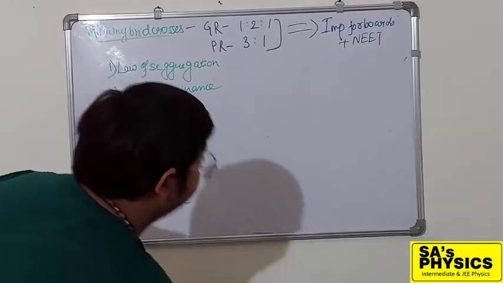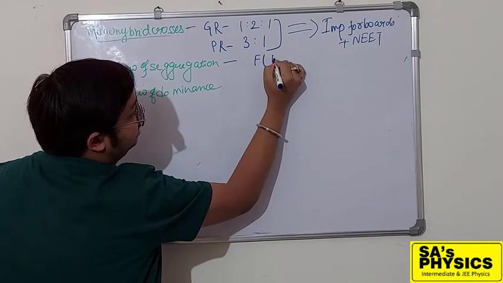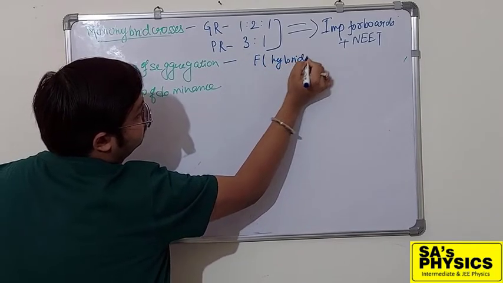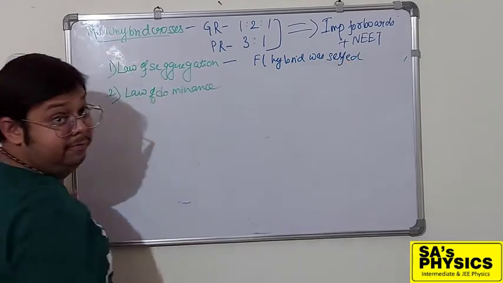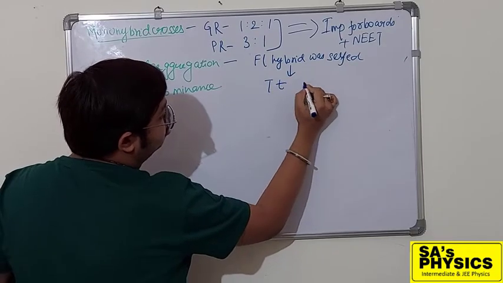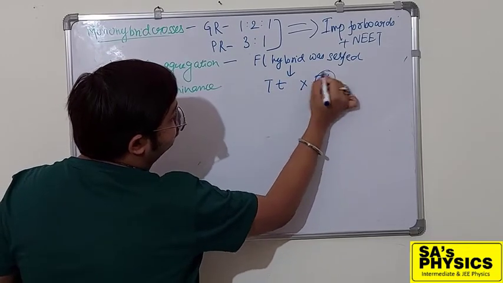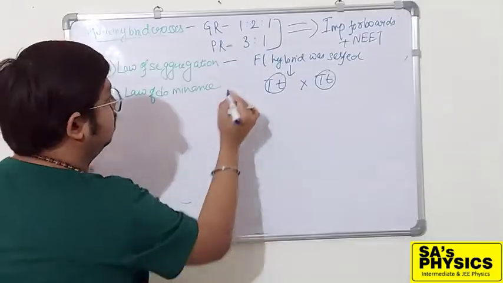So, law of segregation happened when the F1 hybrid was selfed. What happened when the F1 hybrid was selfed? Capital T small t into capital T small t. These were the two parents. This was selfing being done. This is your F1.